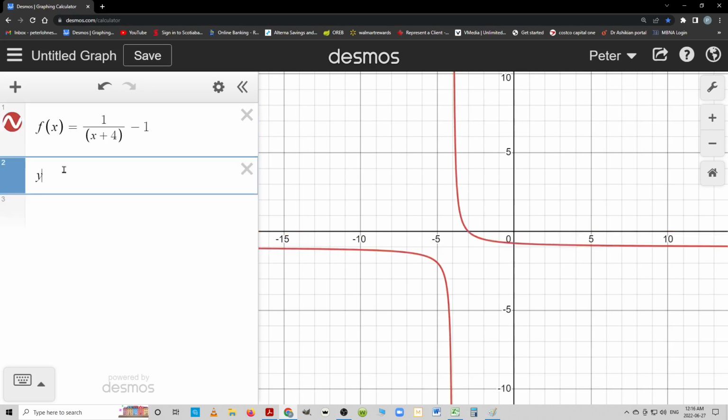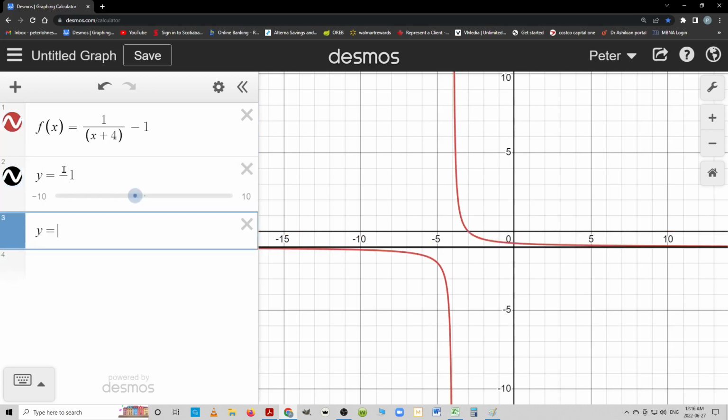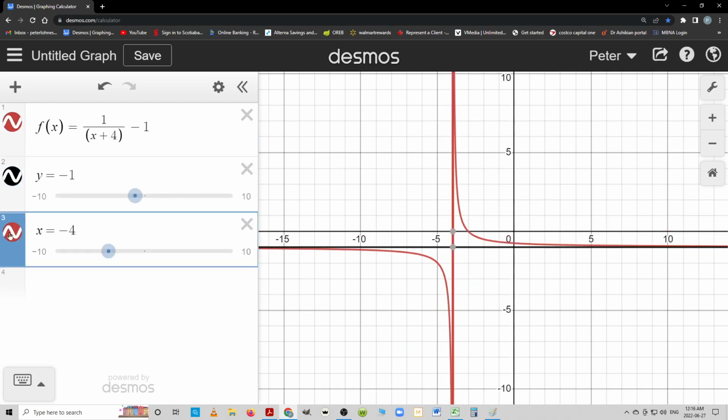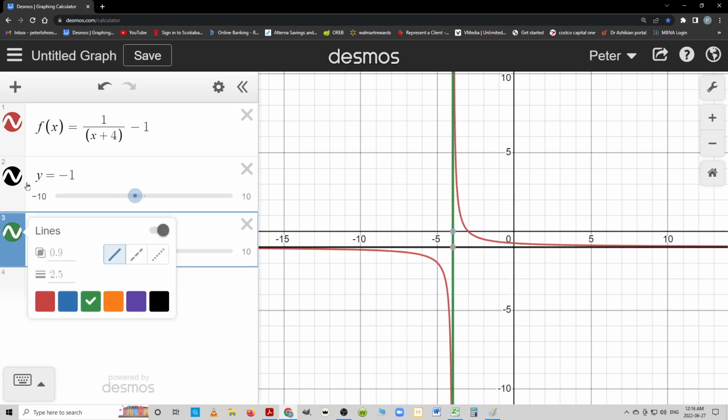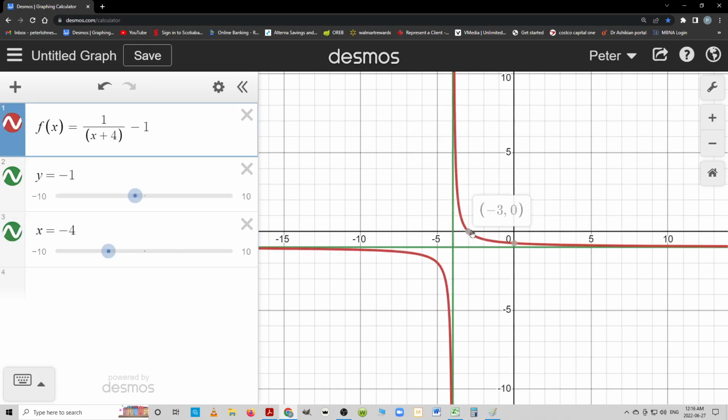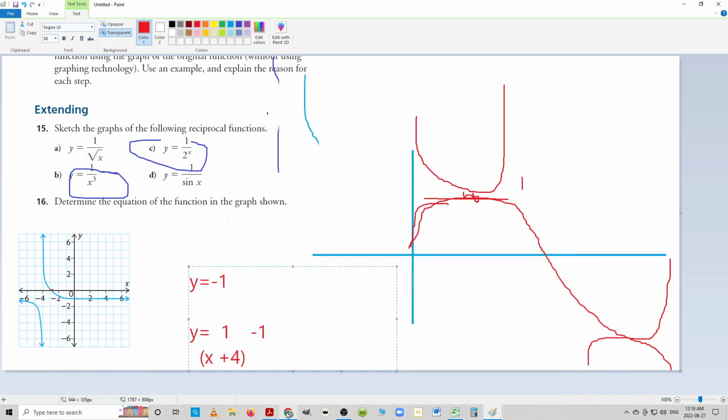We put in all our stuff. And we'll make that green. And that looks pretty close. Yeah, minus 3 comma 0, which is on that graph.